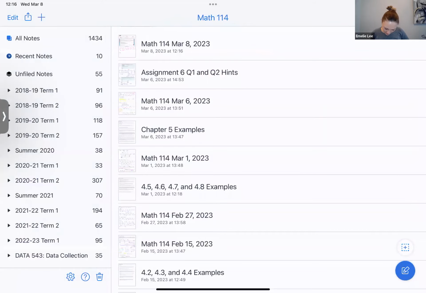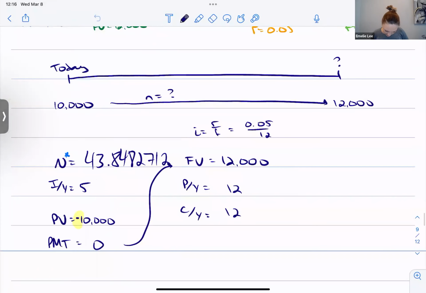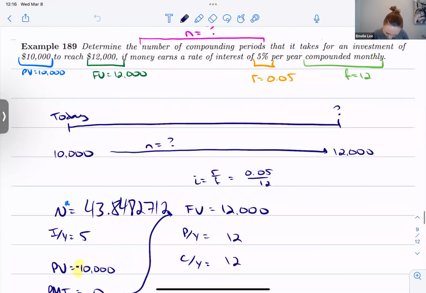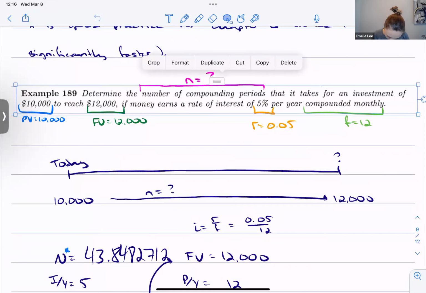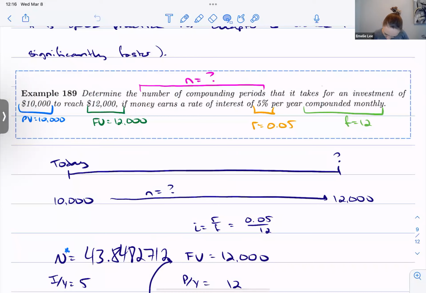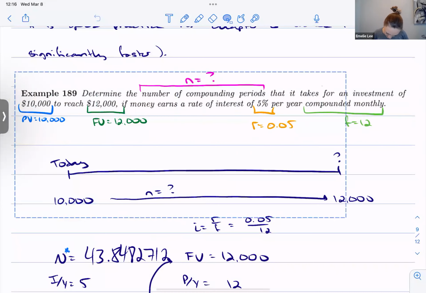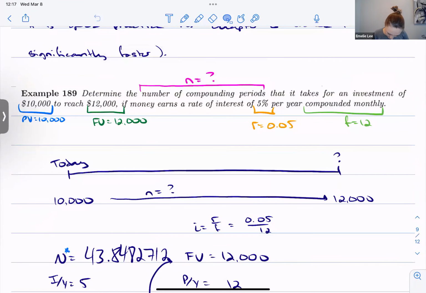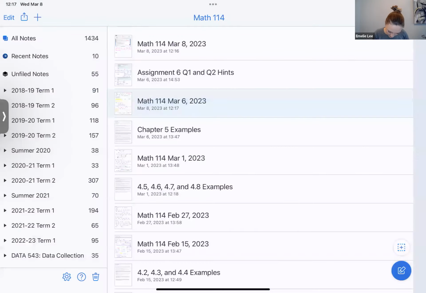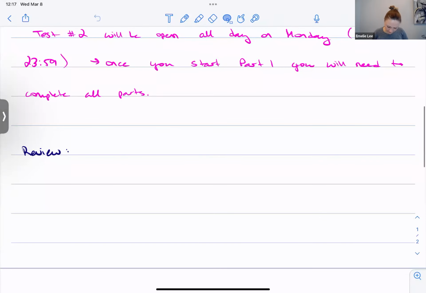And I can't remember, I feel like there was a question that I hadn't quite finished. Let's just copy that in here. Continuing from last day.